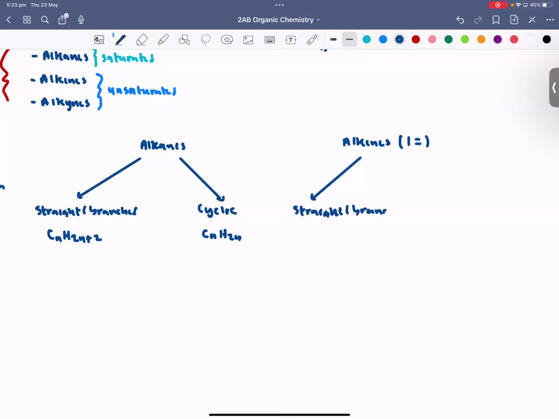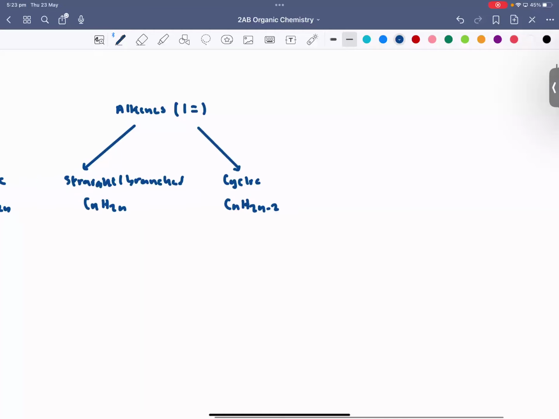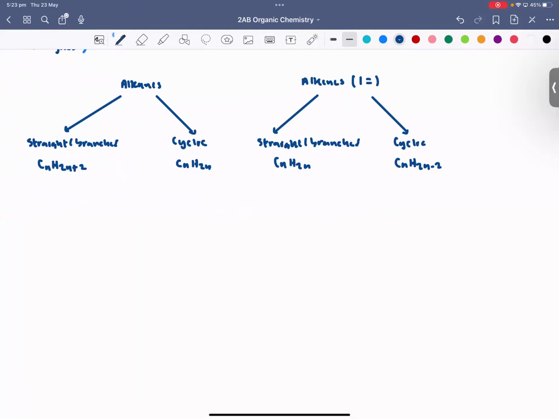And what's the generic formula if you only have 1 double bond and you're straight or branched? CnH2n. And what if you're cyclic? CnH2n-2. All right, so that's how it works. But be very, very careful.